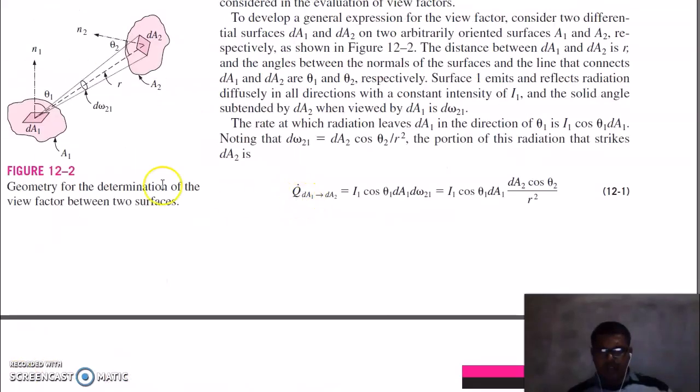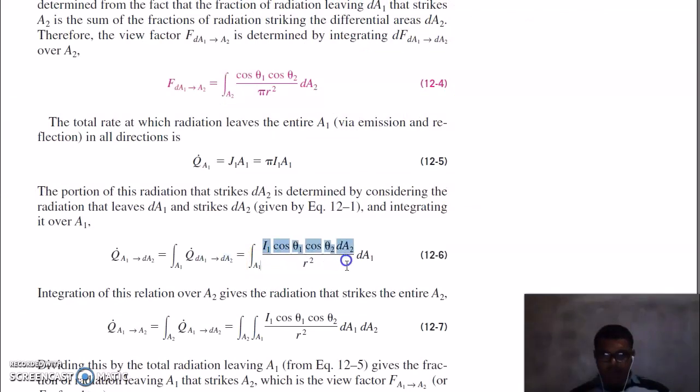This is the radiation emitted by dA1 and received by dA2. If you integrate it over A1, you will get this equation, which gives the radiation emitted by the A1 surface and delivered to the dA2 surface.